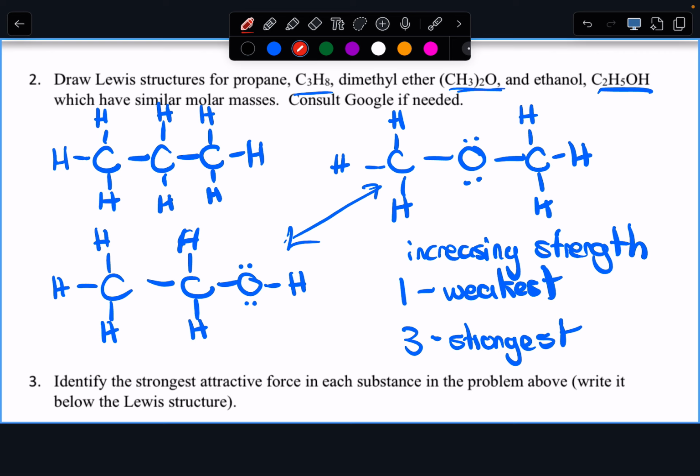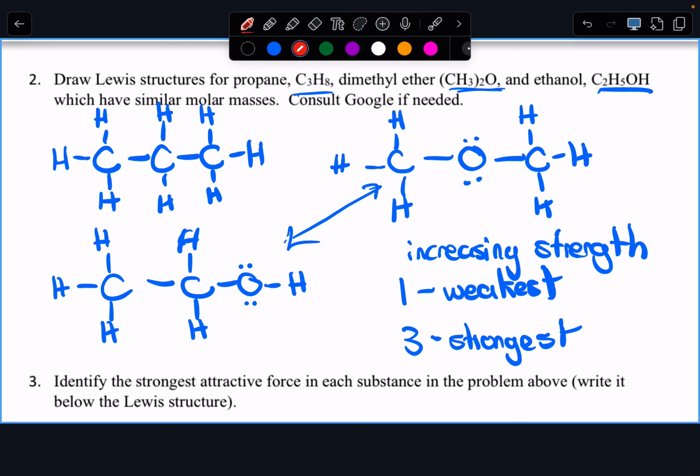Isn't it like the higher your mass is, the higher the boiling point? It's specifically for one of the types of intermolecular forces. The higher masses will have higher London forces, induced dipole forces.